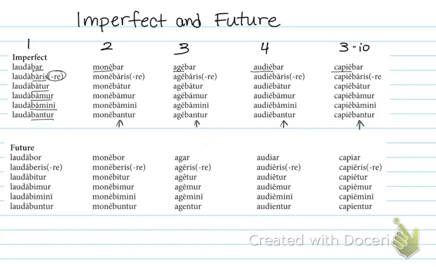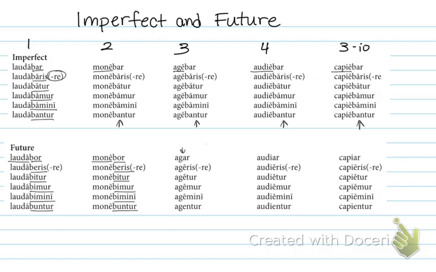Okay, so last up is the future. Recall that in the first and second conjugations, we do the future with the -bo, -bis, -bit infix. So here we have the future endings that apply to first and second: -bor, -beris, -bitur, -bimur, -bimini, -buntur. But those do not apply to third and fourth, which use the combination of A and long E to show the future.